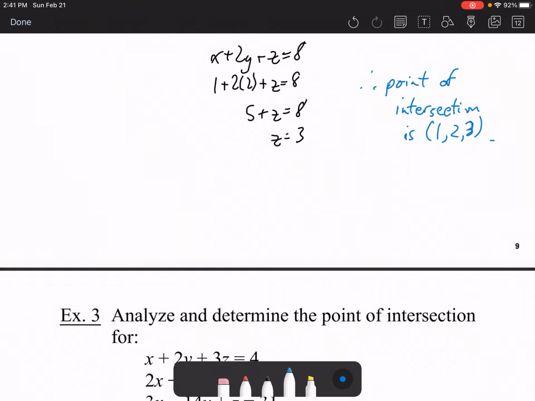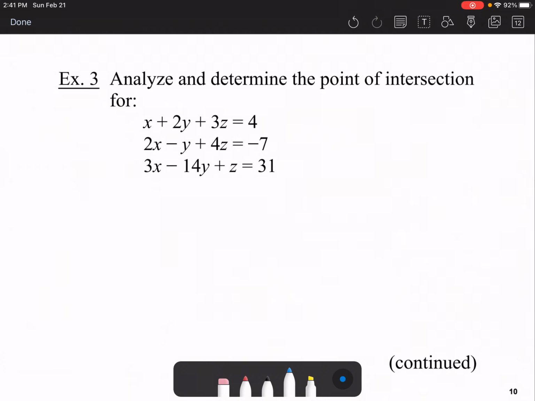Okay, let's see that again with another instance. So again, just by inspection, you can look at the normals. I'm not going to write out the normals this time, but you can see the normals are not collinear.